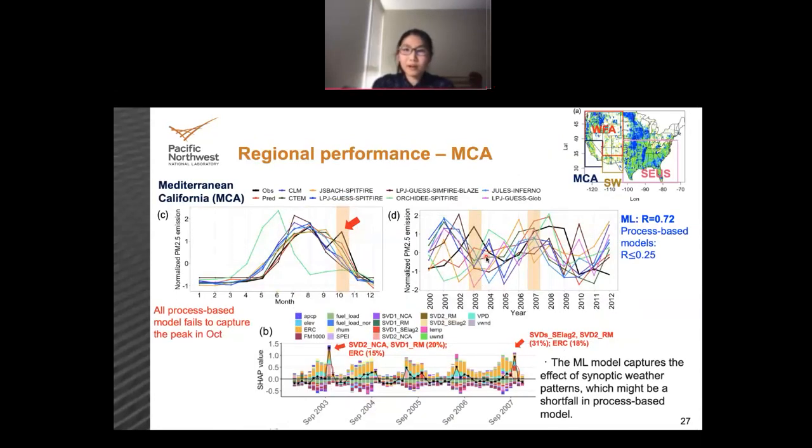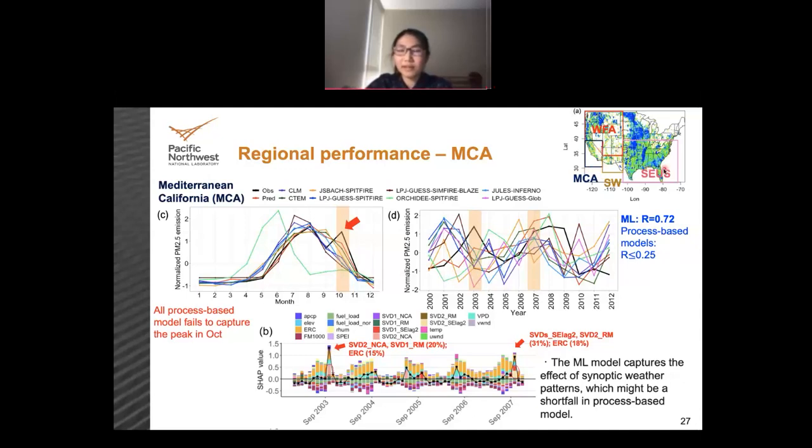And then we want to understand whether the model can capture both seasonality and interannual variability well. So we select 4 regions based on their fire frequency, land types and ecoregions, and try to see whether the model can capture the seasonality and interannual variability for these regions.